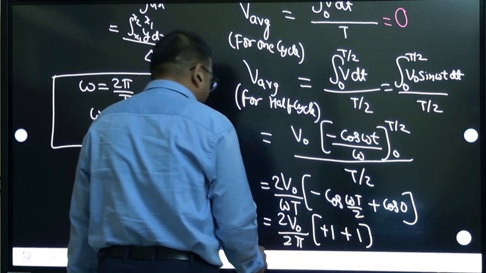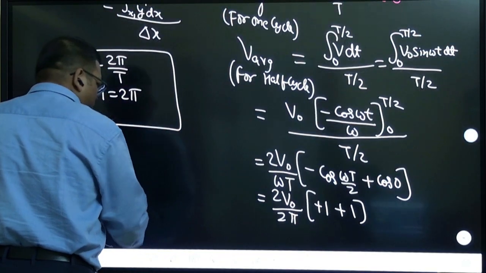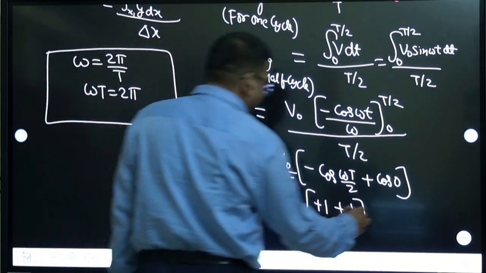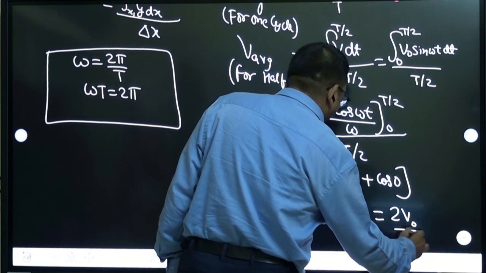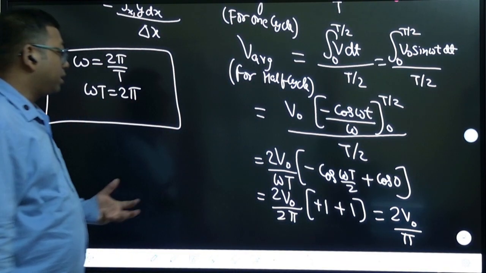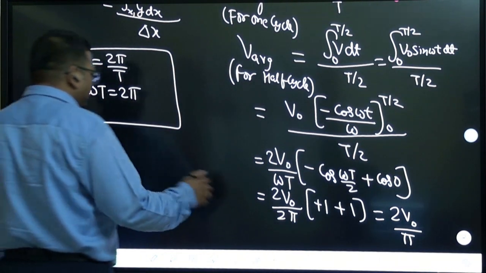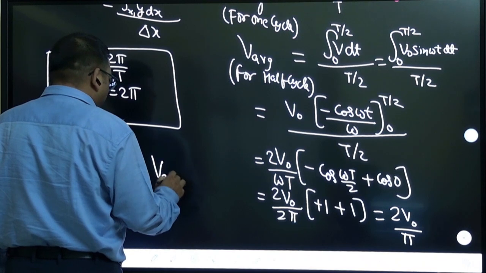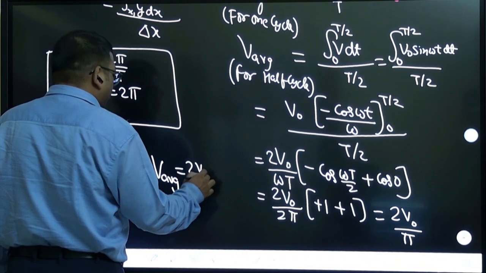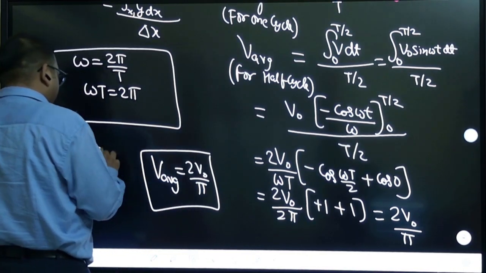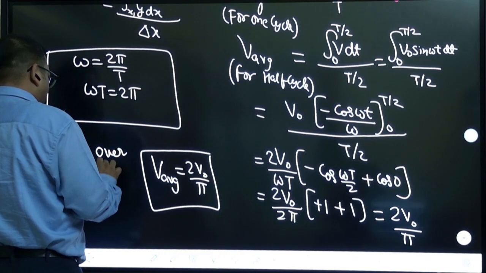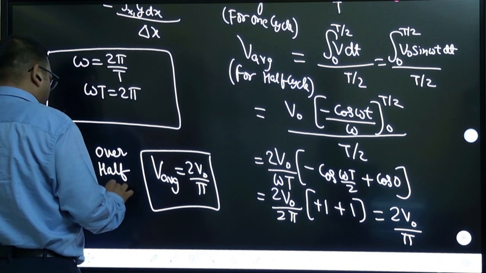So the 2 also gets cancelled and we get 2 V naught by pi. That's the important thing. This is the average value of voltage over half cycle.